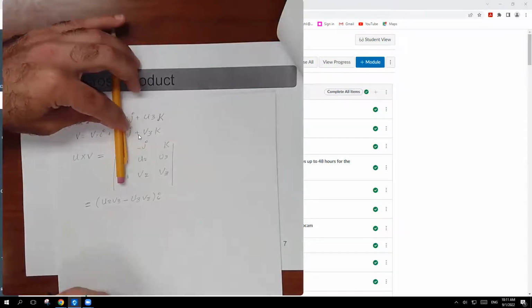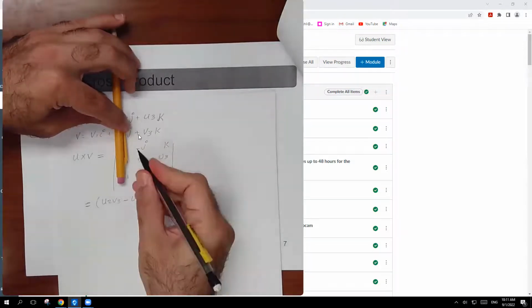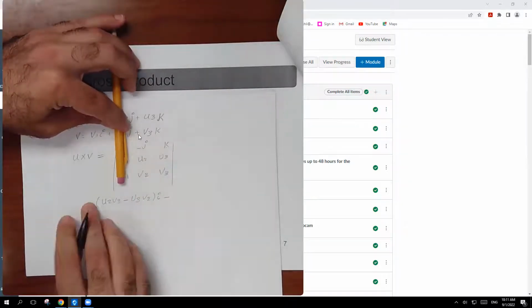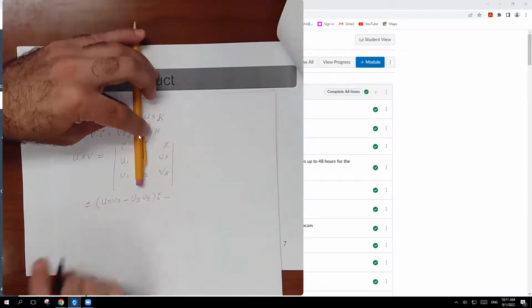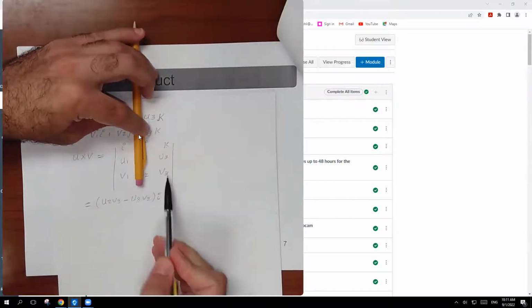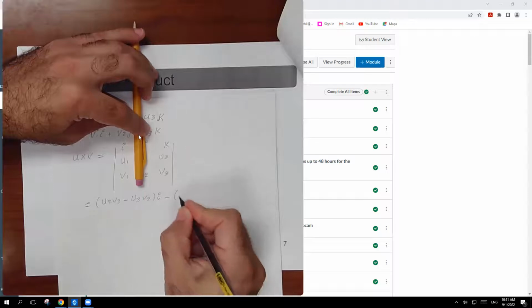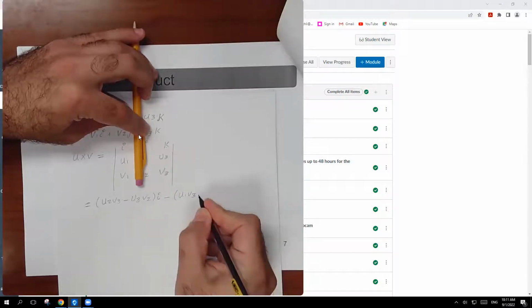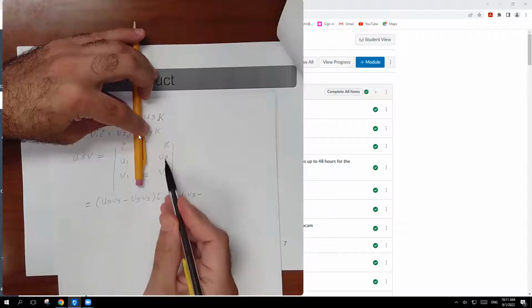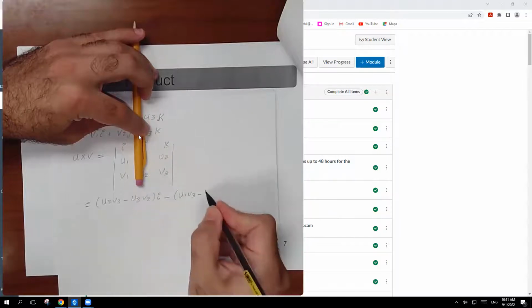Now I need to find the component j. Here's the minus. For the component j, I'm going to hide this one, so it's going to be u1 times v3 minus u3 times v1.